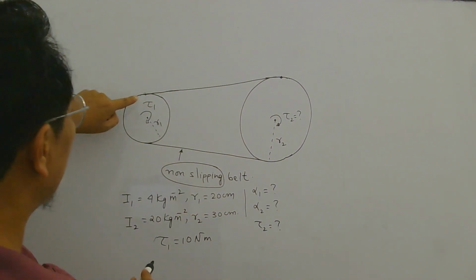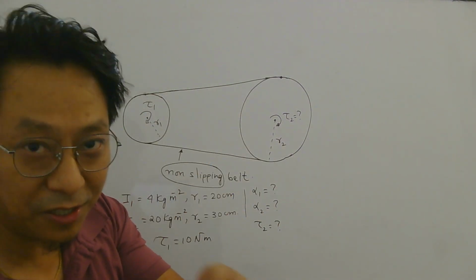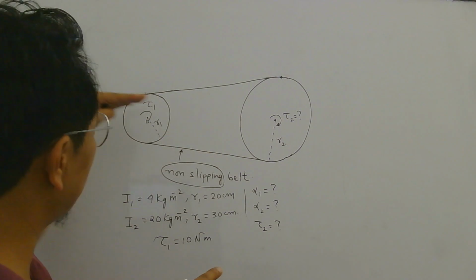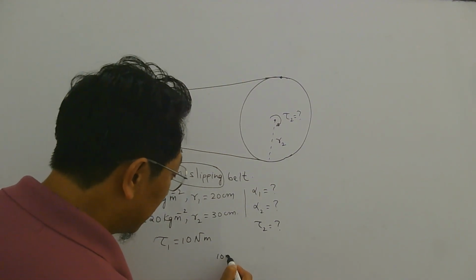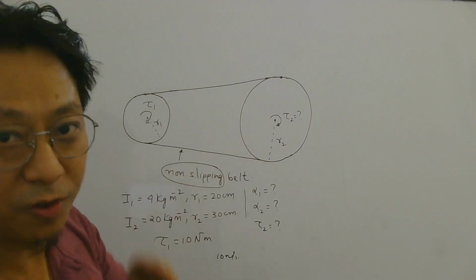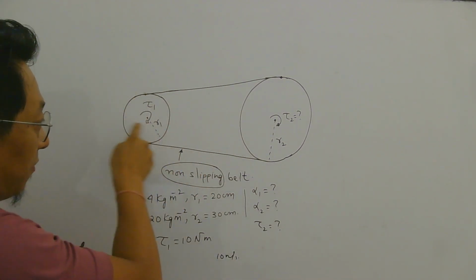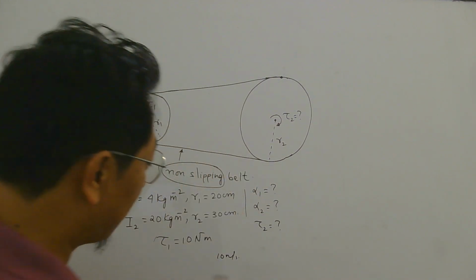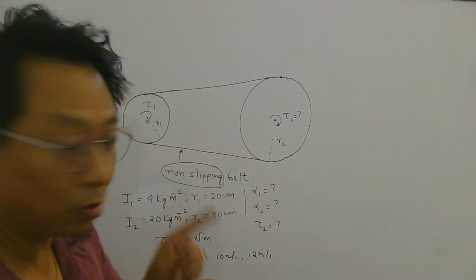Now if they have the same velocity at every instant, then it means the acceleration of those two should be the same in this direction. Why? Because let's say the initial velocity is 10 meter per second for both of them. Now because it is rotating faster because of the torque, the wheel may have after some time 12 meter per second. But they told no slipping.